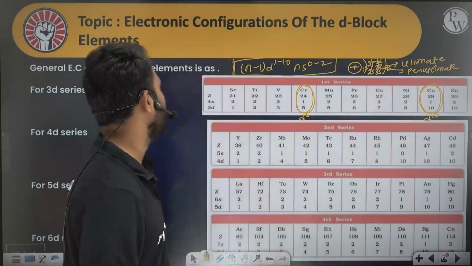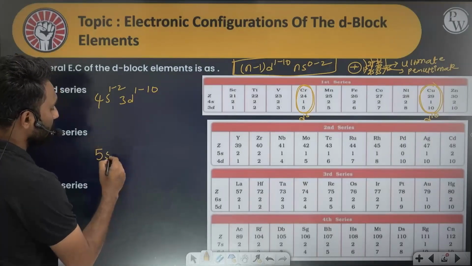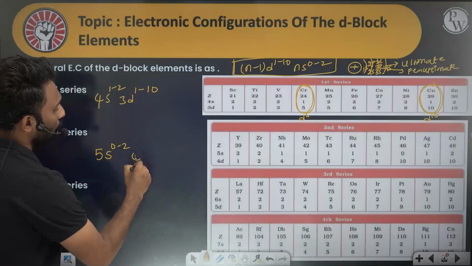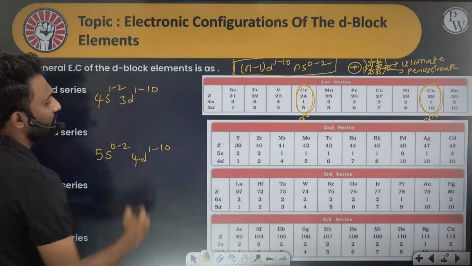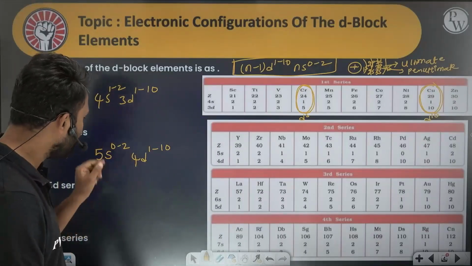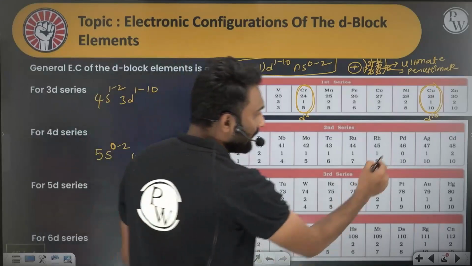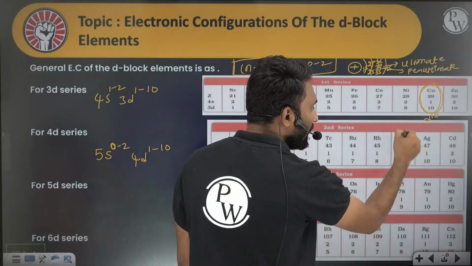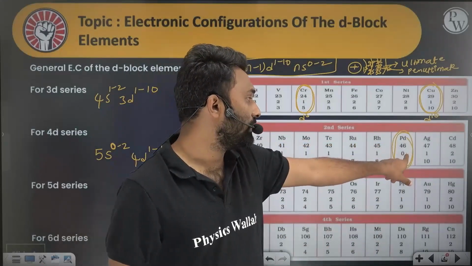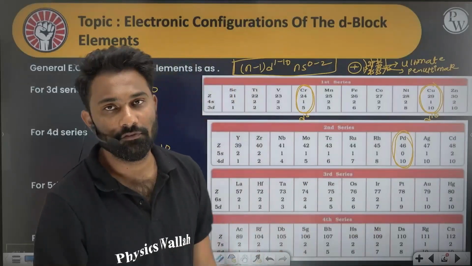Okay, now for the 4d series, 5s 0 to 2, 4d 1 to 10. This is the general electronic configuration for the 4d series. Here for the 4d series, the s is 0 because palladium is showing the exceptional electronic configuration. Palladium is showing the exceptional electronic configuration for the d10 completely filled electronic configuration.